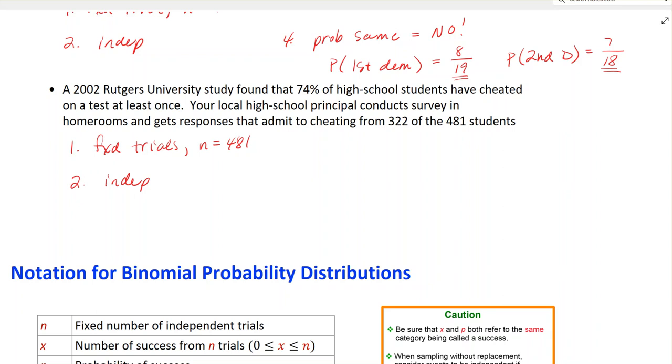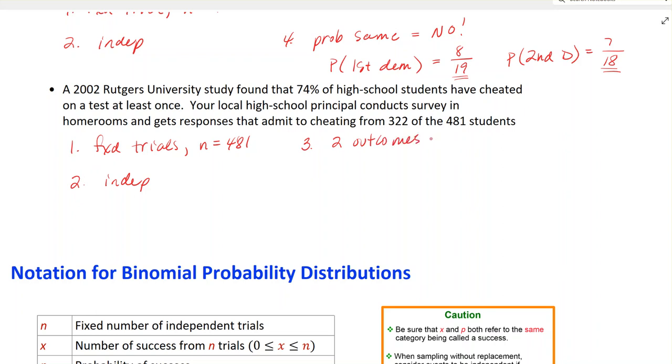Another thing I would probably say is that, generally speaking, when you're talking about a survey of people, or any type of polling, we assume that people are independent of each other, that they have their own choice that they can choose. So we can say, yep, I've got people here. Sure enough, we've got independence. Number 3 is talking about 2 outcomes.